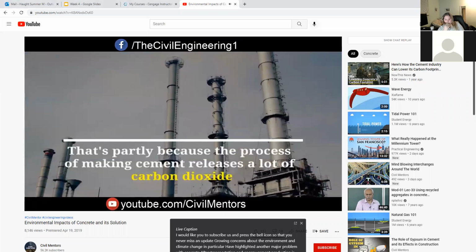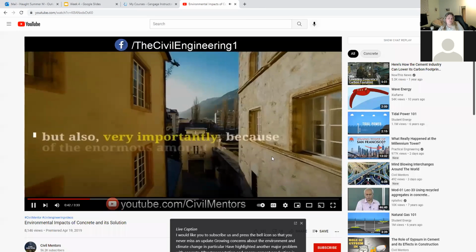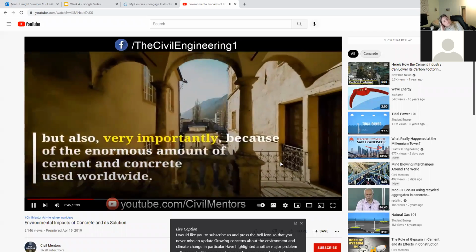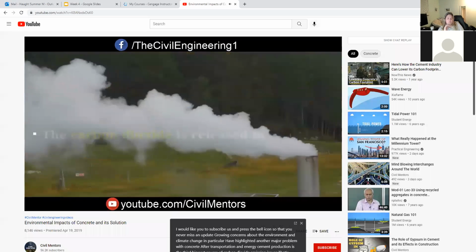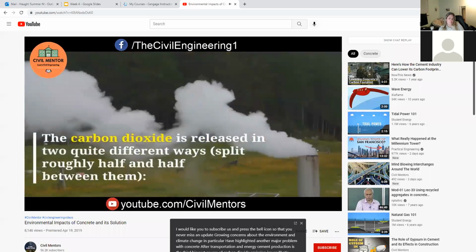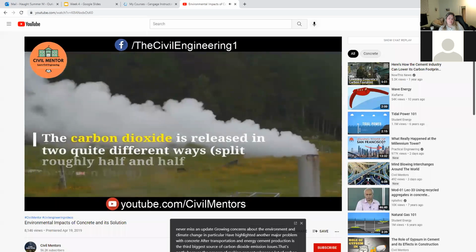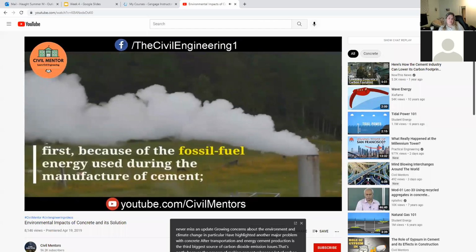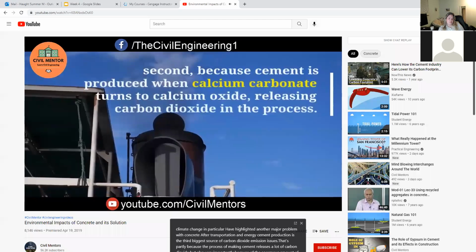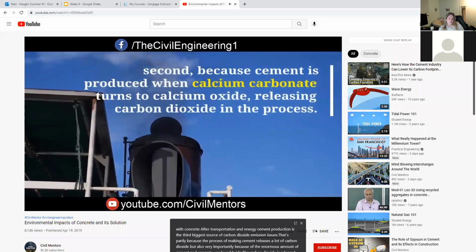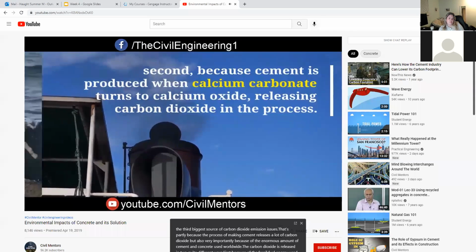That's partly because the process of making cement releases a lot of carbon dioxide, but also, very importantly, because of the enormous amount of cement and concrete used worldwide. The carbon dioxide is released in two quite different ways. First, because of the fossil fuel energy used during the manufacture of cement. Second, because cement is produced when calcium carbonate turns to calcium oxide, releasing carbon dioxide in the process.